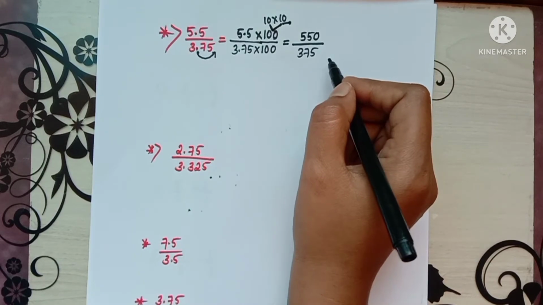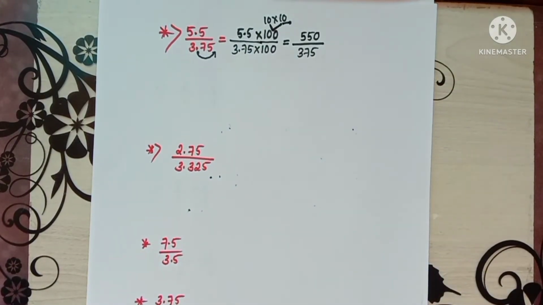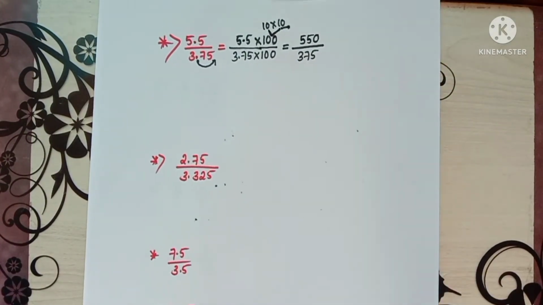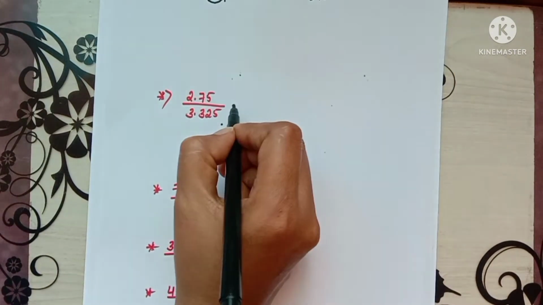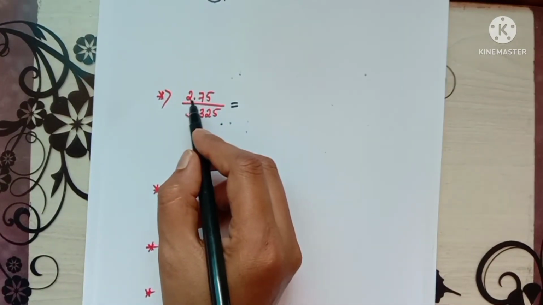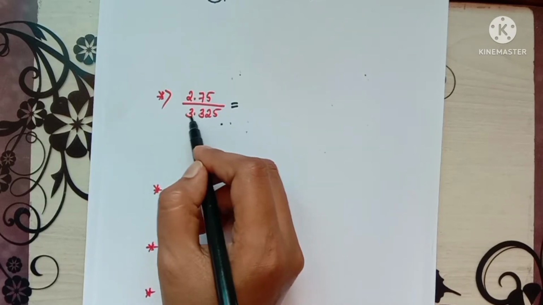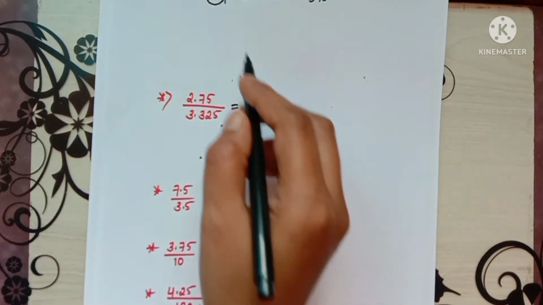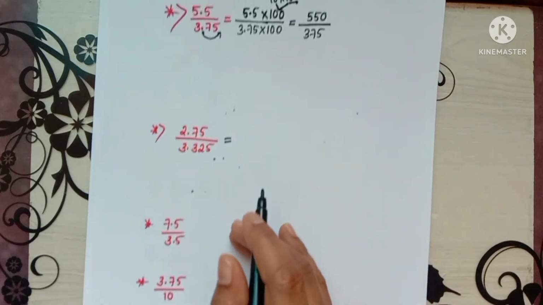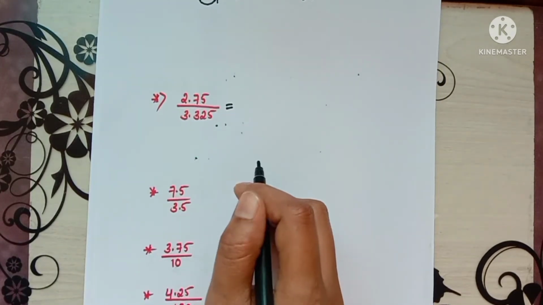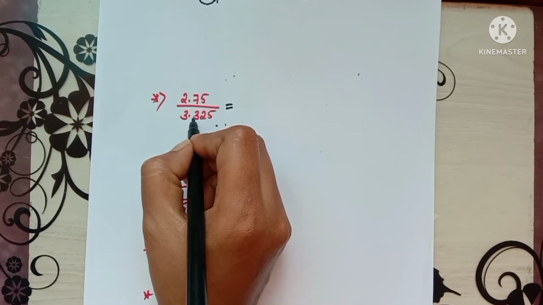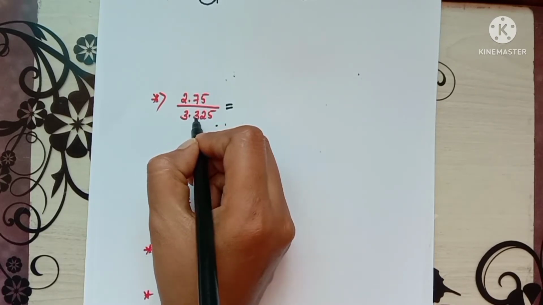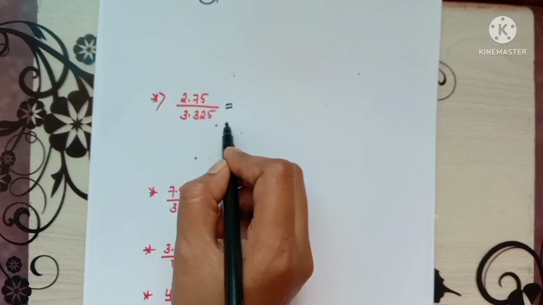Isn't it simple? Let us try another example. How to solve this one? That is 2.75 divided by 3.325. What I have said before in the previous example is that we have to choose the number after the decimal point which has the maximum digits.